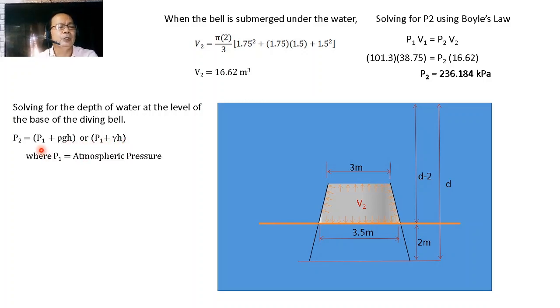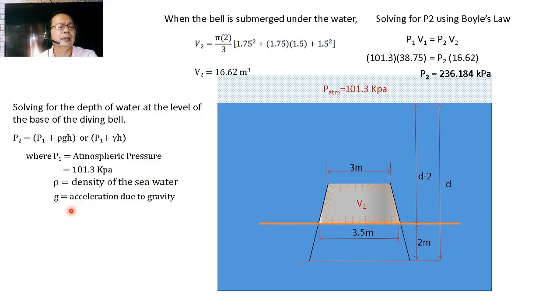Our P1 is the atmospheric pressure, which is represented here, equal to 101.3. This is the pressure at the surface. Our rho represents the density of the seawater, and g is the acceleration due to gravity, which when substituted will be equal to 1.03 multiplied by 9.81.